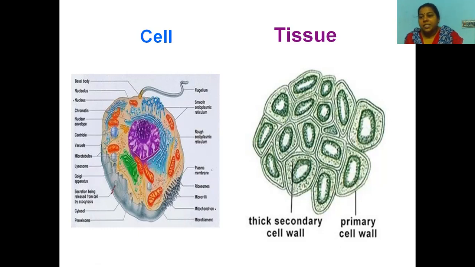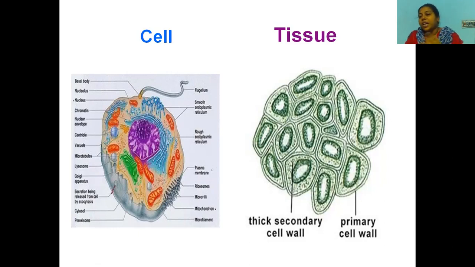For example, let us take the human body. In our human body, children, we have nearly 10 systems, like endocrine system, nervous system, muscular, circulation, transportation, reproductive system, digestive system, respiratory system.